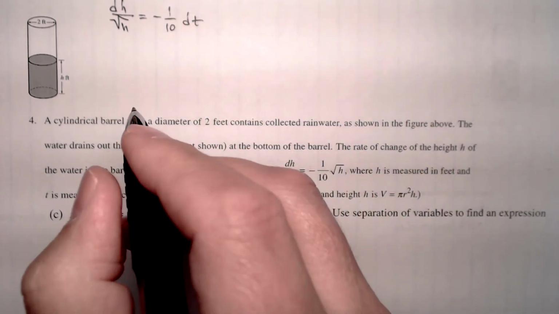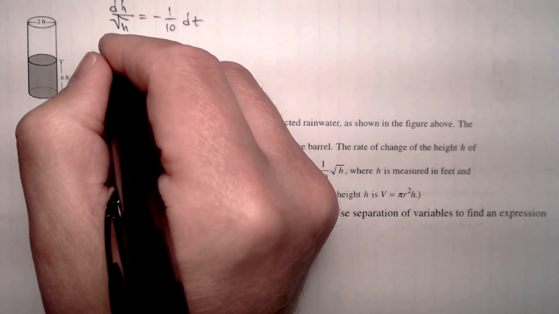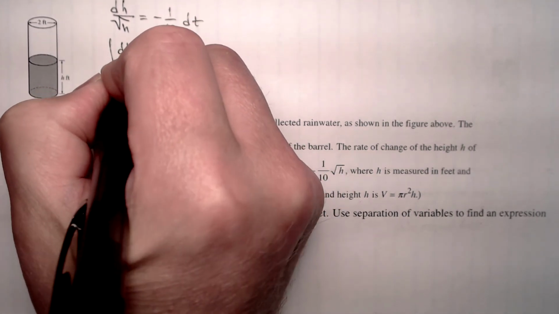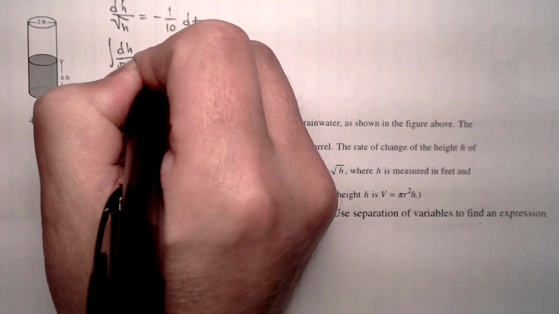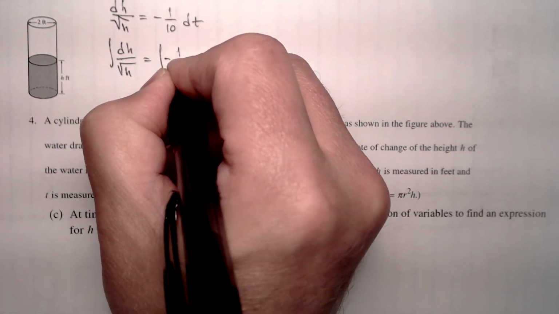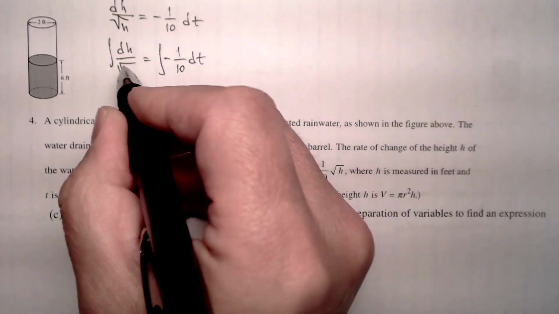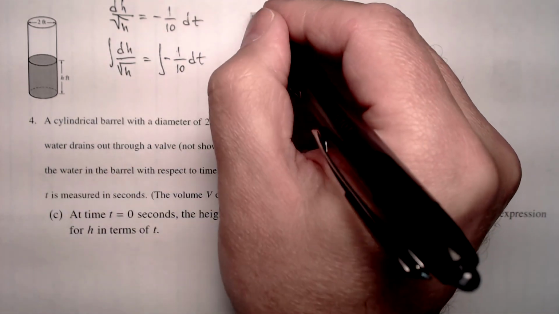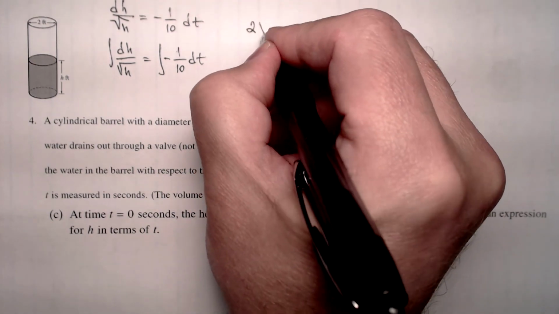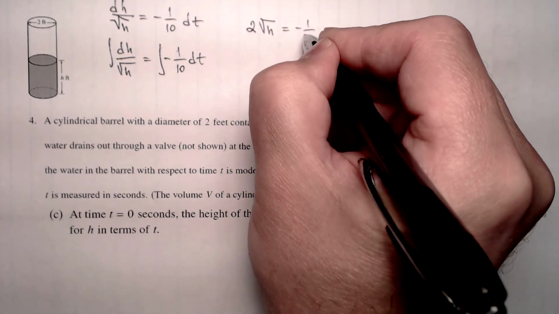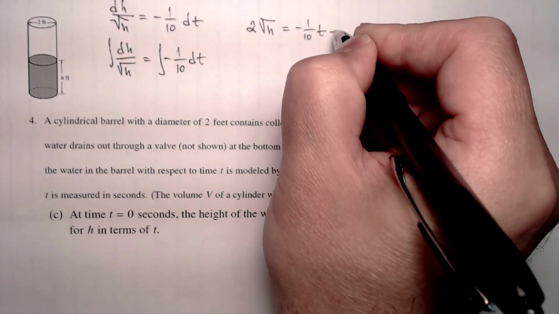Integrate both sides, you get the integral of dh over square root of h equals the integral of negative 1 over 10 dt. Integrating this side gives us 2 square root of h, and this is equal to negative t over 10 plus a constant.